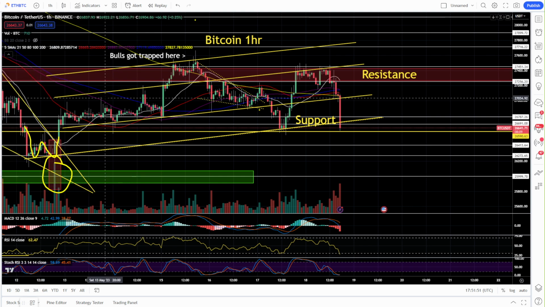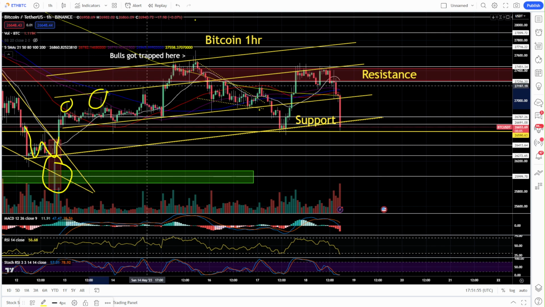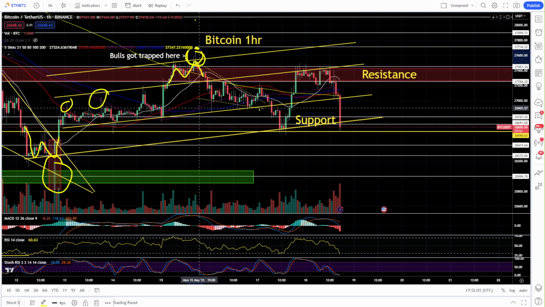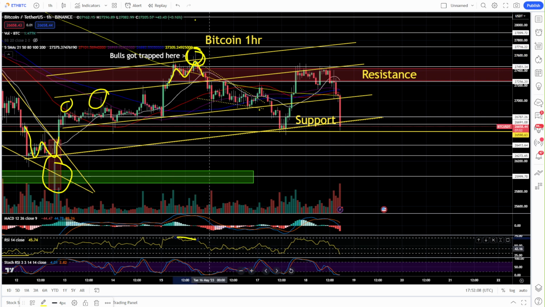The other day, I talked to you about these long wicks. A lot of times you'll get long wicks, and especially this one, and this is a double top with a long wick. And you guys see that? You got overbought bearish divergence.